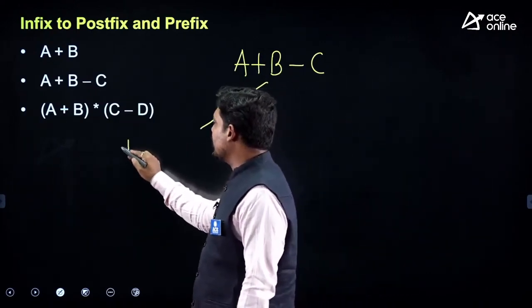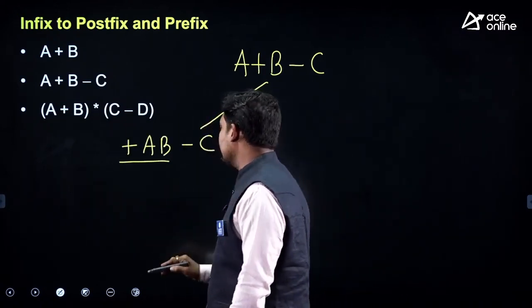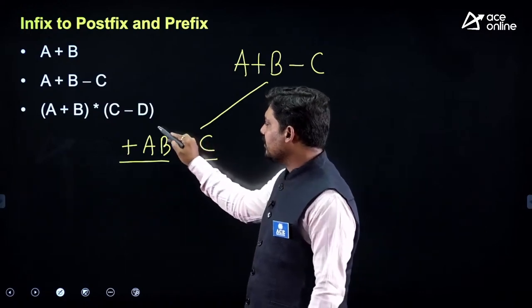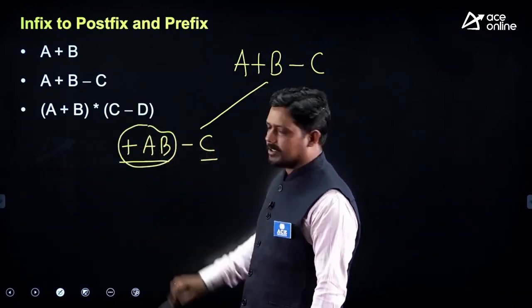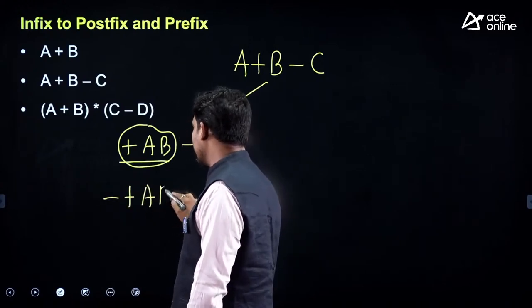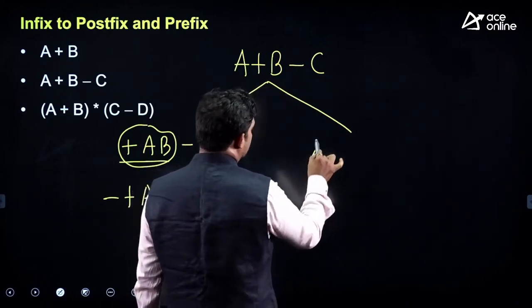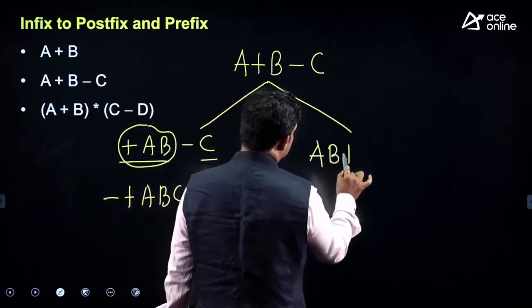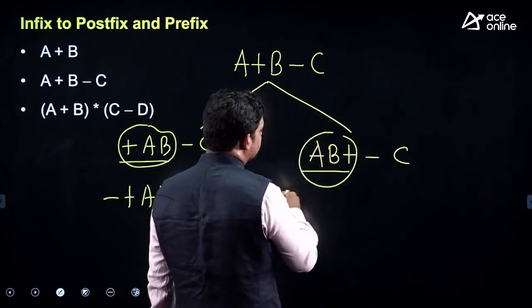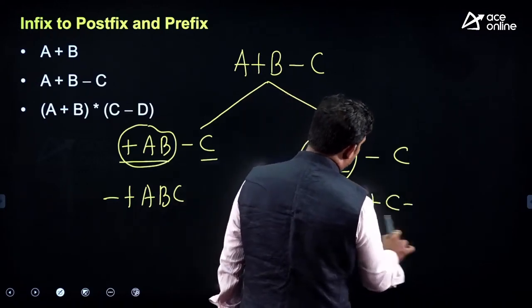So first it will become plus AB, minus C, and now we will treat it as a single expression, and it will become minus plus A, B and C. Here for postfix, AB plus, minus C, treat it as a single one, and then AB plus C minus, that is your postfix expression here.